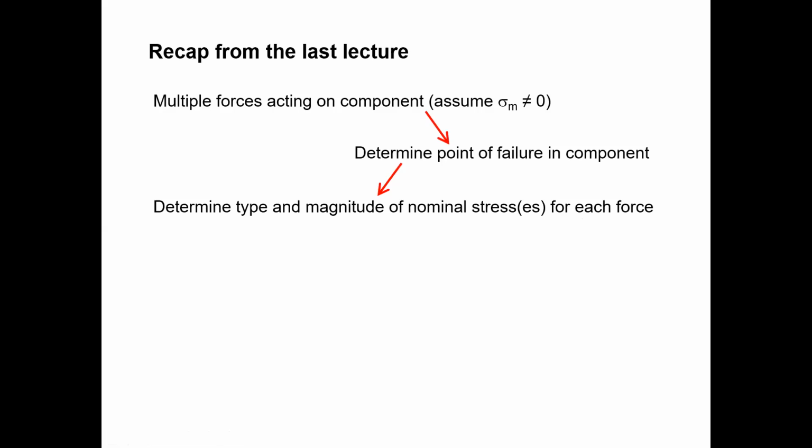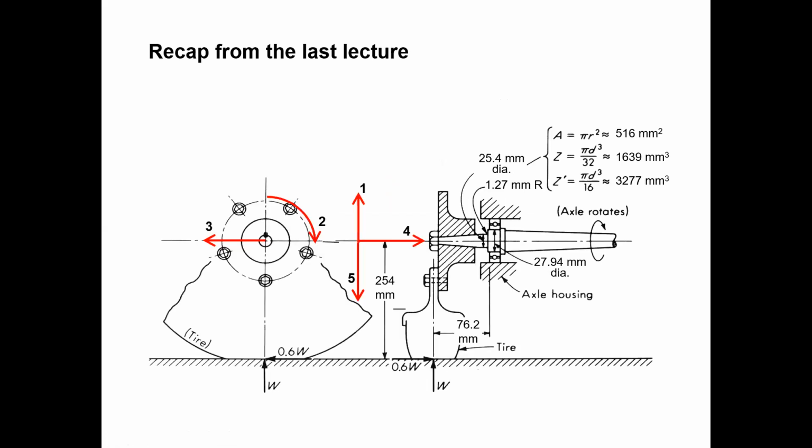If you remember the example we discussed last time, there were only 3 forces available: the W reaction upward, the lateral friction and the tangential friction. But even though there are 3 loads, you can see there are 5 types of load, I mean forces, applied on the component, on the shaft.